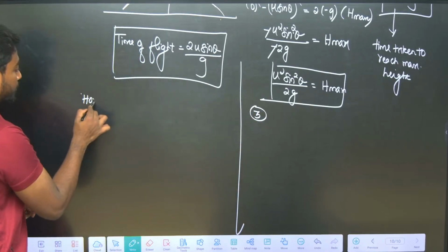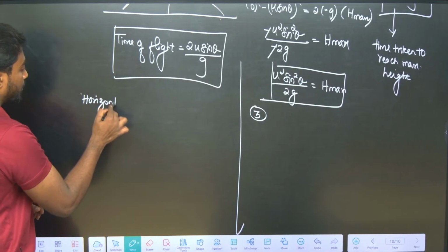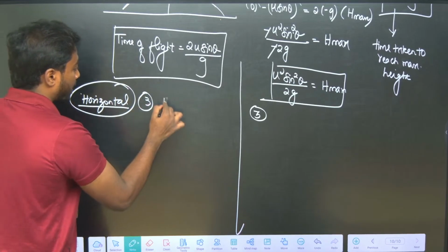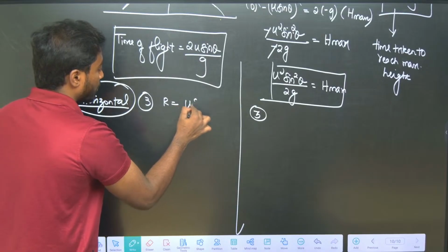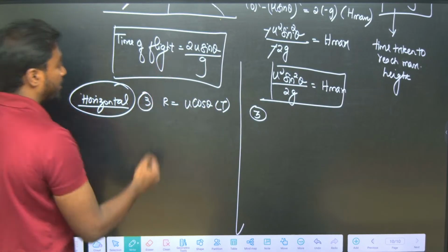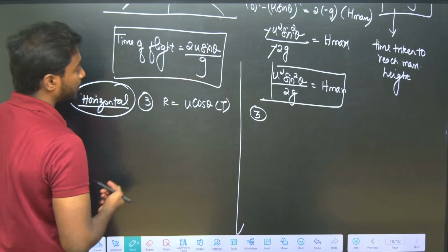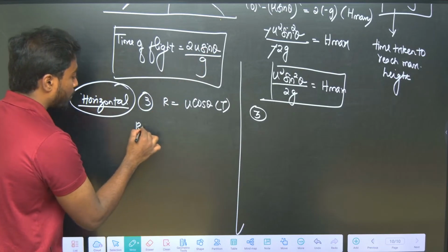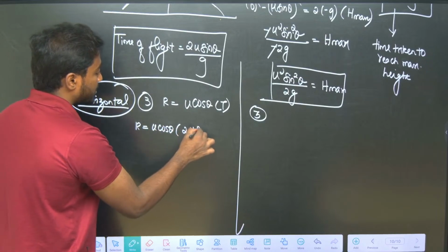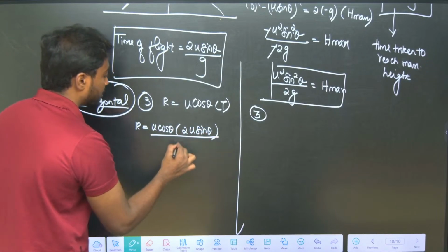Horizontal third equation, r is equal to u cos theta into t. So what is t here? 2u sin theta by g. So r will be equal to u cos theta into 2u sin theta by g.